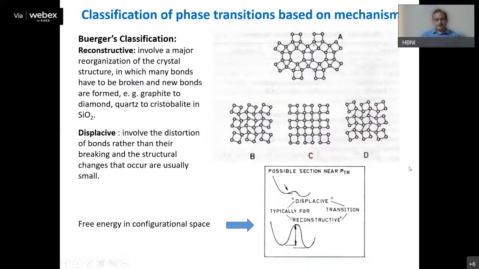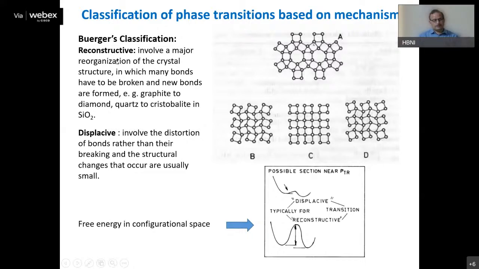Another way to classify the phase transition is based on the mechanism, how phase transitions take place. So here I will basically focus on phase transitions in solids. One method was given by Buerger long back in the 1960s, and he basically said that there can be two kinds of phase transitions, reconstructive and displacive.